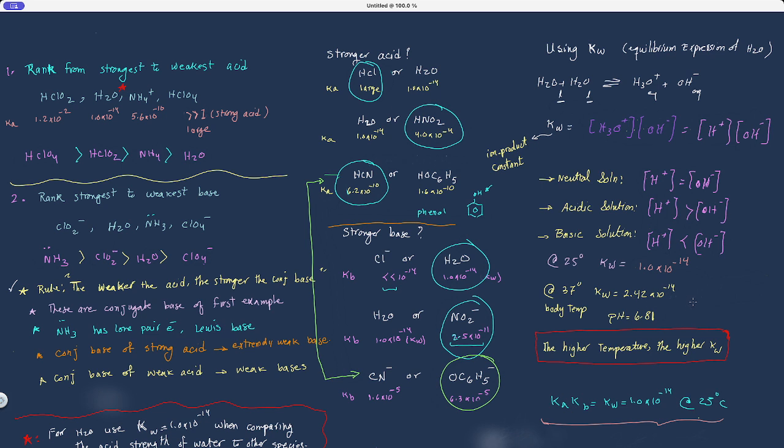And if you want to calculate the pH, at 25 degrees pH is 7, whereas in this case pH would be 6.81. The way you calculate this is if you want to find hydrogen concentration, you take the square root of 2.42 times 10 to the negative 14.